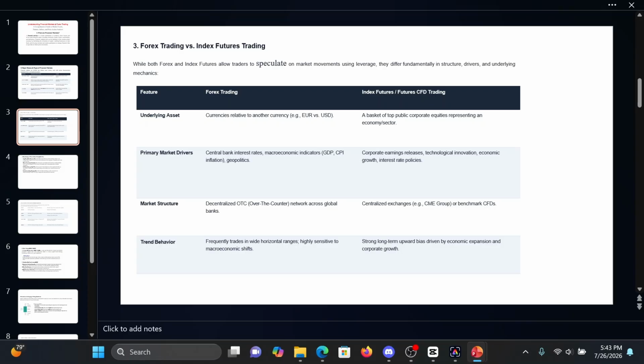Okay, so primary drivers. We have the central bank interest rates, macroeconomic indicators, the GDP, the CPI, the geopolitics. So when we see that there is news or interest rates, we know these are going to impact our market. When you start trading, when there is news, we shall look later on at the fundamental analysis.